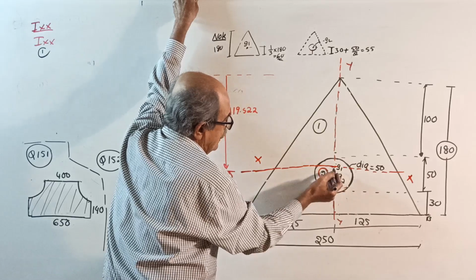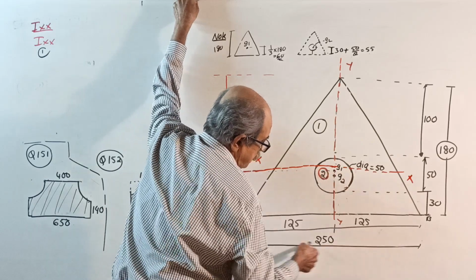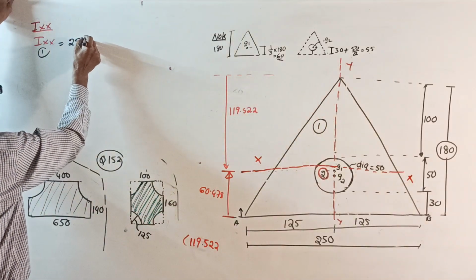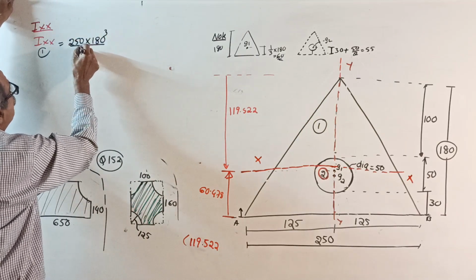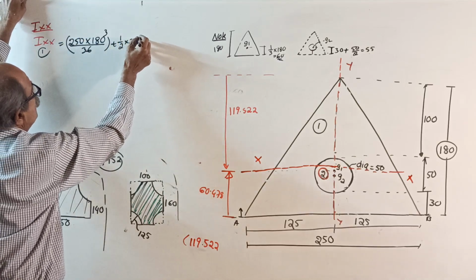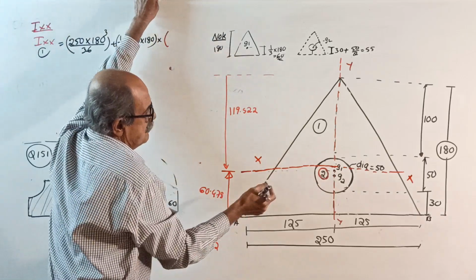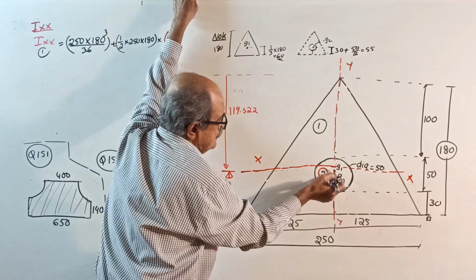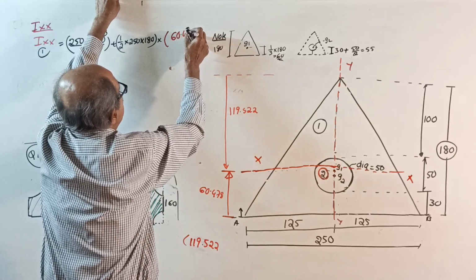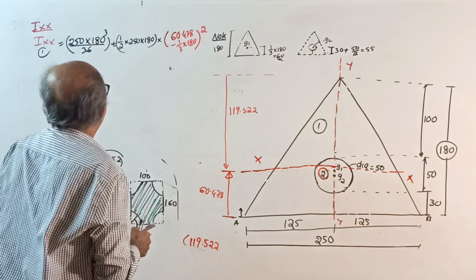First come to the centroid of the triangle: axis passing through the centroid parallel to the x-axis. 250 into 180 cube divided by 36 is Ig, plus area, half into 250 into 180, into the distance from the centroid of the triangle to xx, squared, that is 60.478 minus 1 by 3 of 180. That gives Ixx for 1.